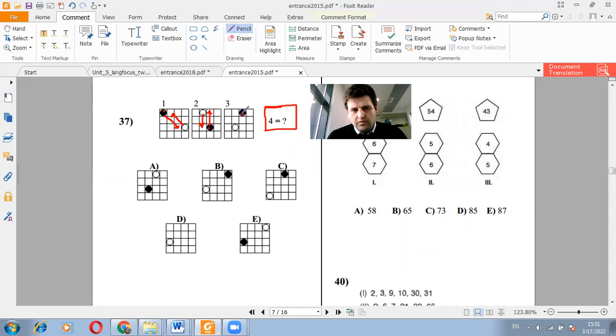So the next one would be again diagonal, but reversed like this. And this one would go 2 places diagonal, but upwards, which means that the correct choice will be E. Their position will be as seen here.